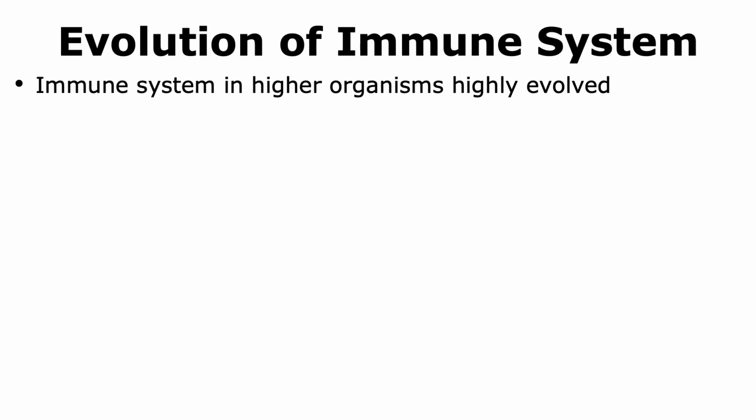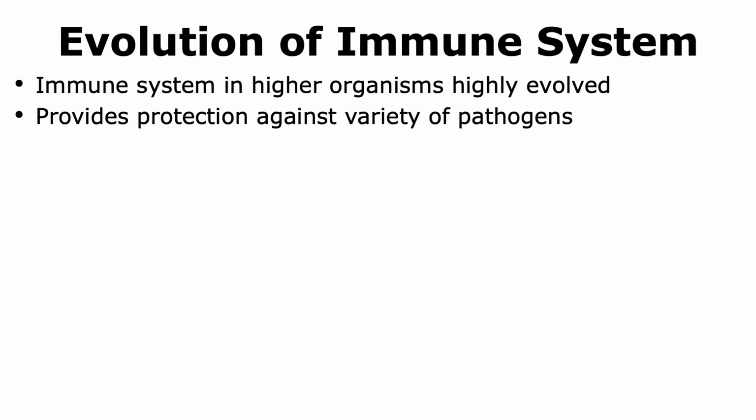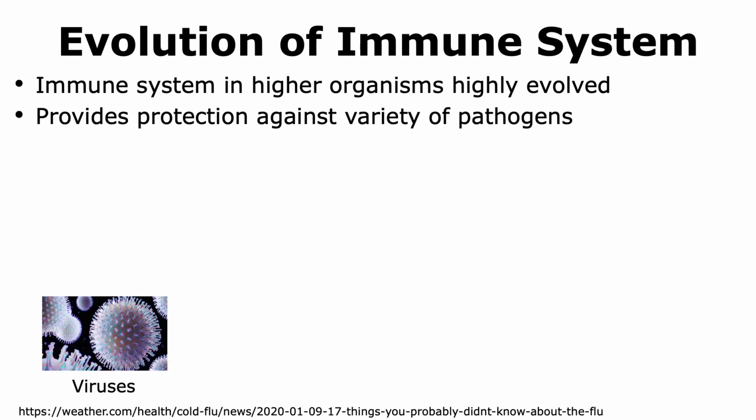The immune system in higher organisms is highly evolved because it needs to protect the organism against a wide variety of pathogens. Pathogens include viruses, which are considered non-living but still have the ability to infect living organisms.